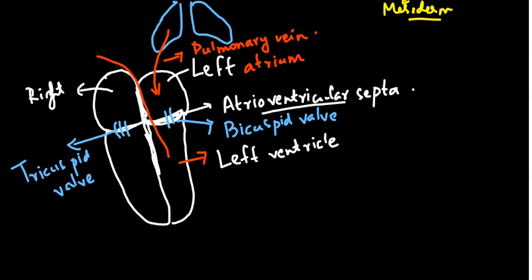The aorta will branch. Some of the branches will go towards the upper parts, that is the head. Some will go towards the limbs like hands, legs, and all. So the aorta supplies the oxygenated blood to the tissues. Aorta will later break up into arteries and they will circulate the oxygenated blood towards the tissues.